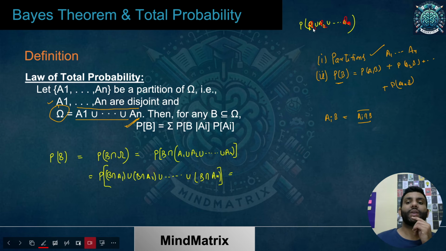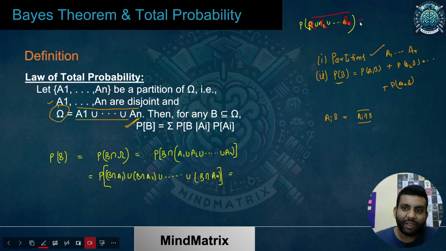If I want to calculate the probability of this event, and all of these are disjoint, that means there is no intersection. Right now I'm not saying that it's a partition or not, I'm just saying that there is nothing in common between them. Their intersection is empty.